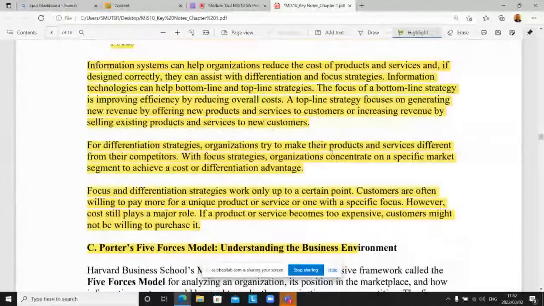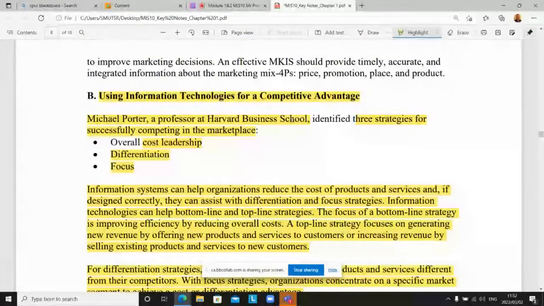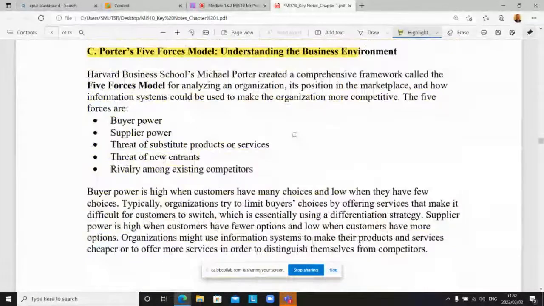Porter, who we spoke about here, a professor at Harvard Business School, came up with a 5 forces model. I'm going to pause there for a second because my memory is going back to last year. This question was the one question that most of the students got incorrect.